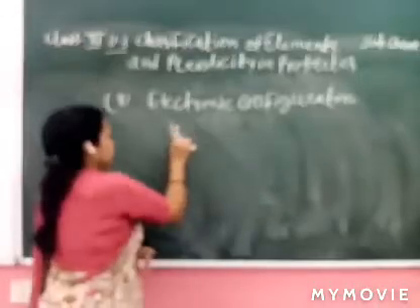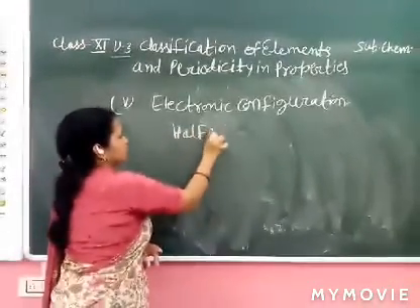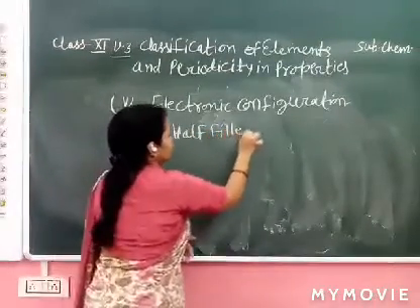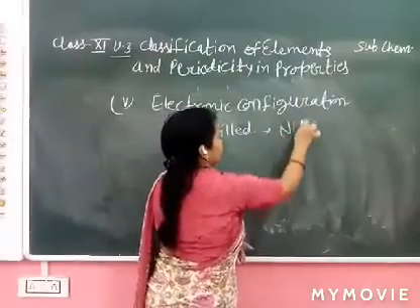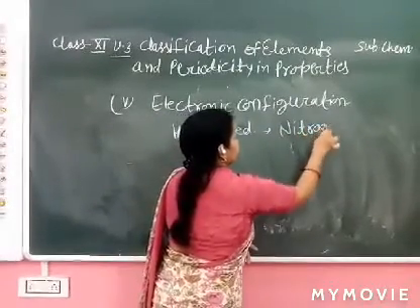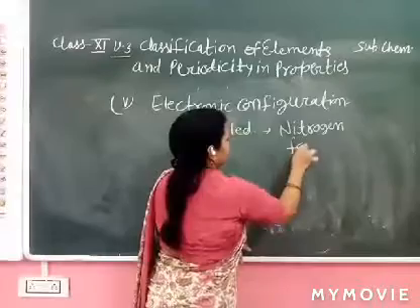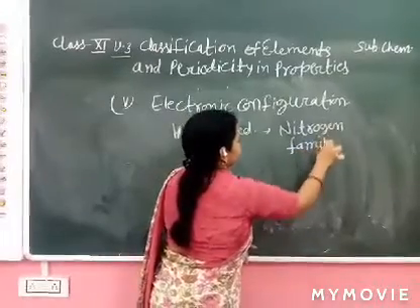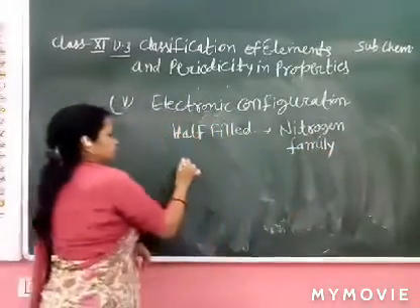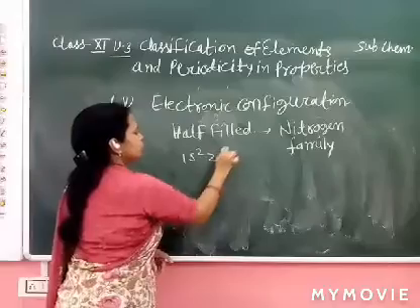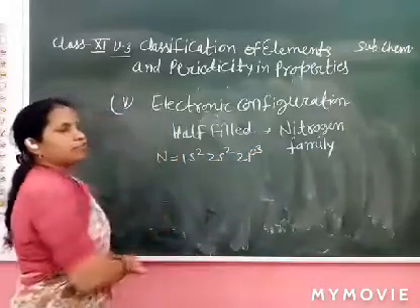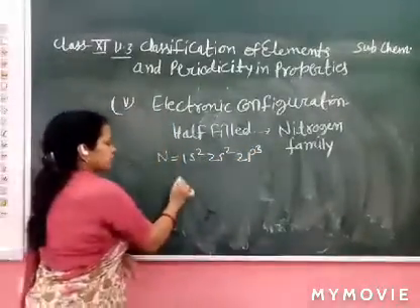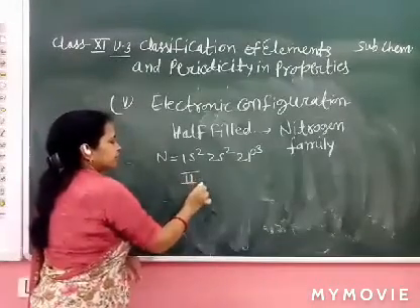So, there is the half-filled orbital. Which family has half-filled orbitals? Nitrogen family. In any element of the nitrogen family, we can take for example 1s2, 2s2, 2p3 for nitrogen. And full-filled orbital, second period.